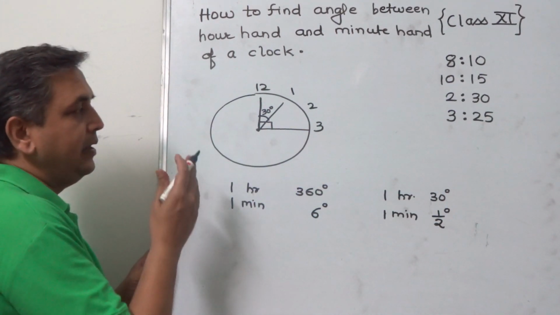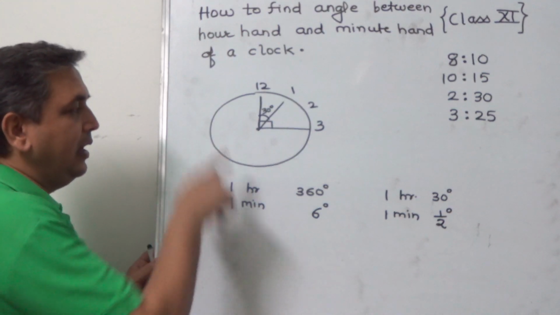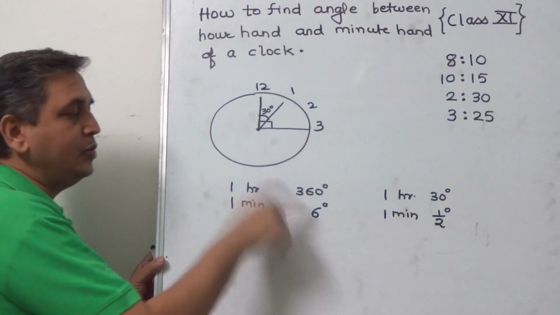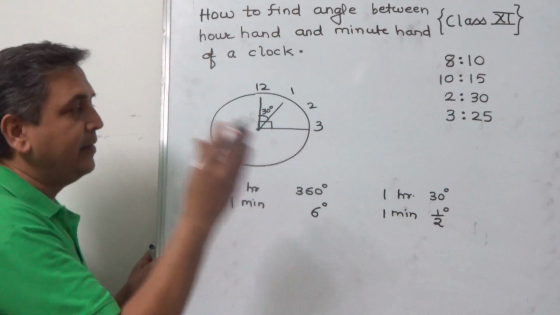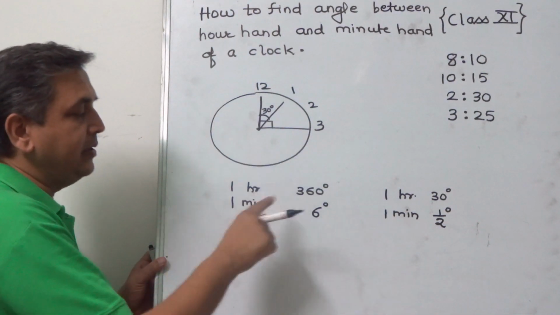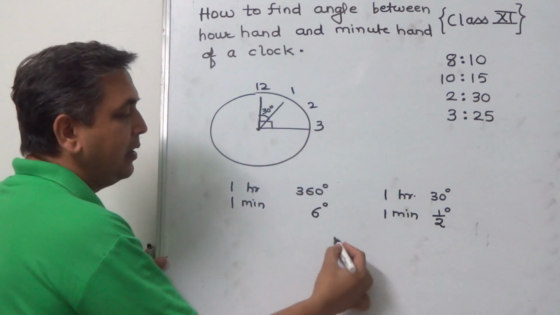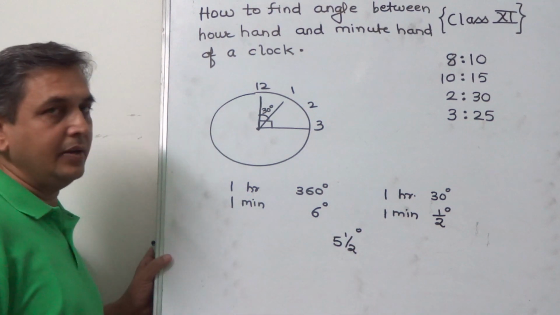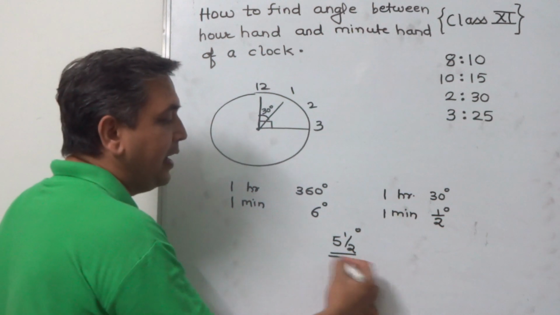So we see when 1 minute elapses, the hour hand moves half a degree and the minute hand moves 6 degrees, and they are moving in the same direction. Now when they move in the same direction, the minute hand gains 5.5 degrees on the hour hand. So the difference between them in 1 minute is 5.5 degrees.